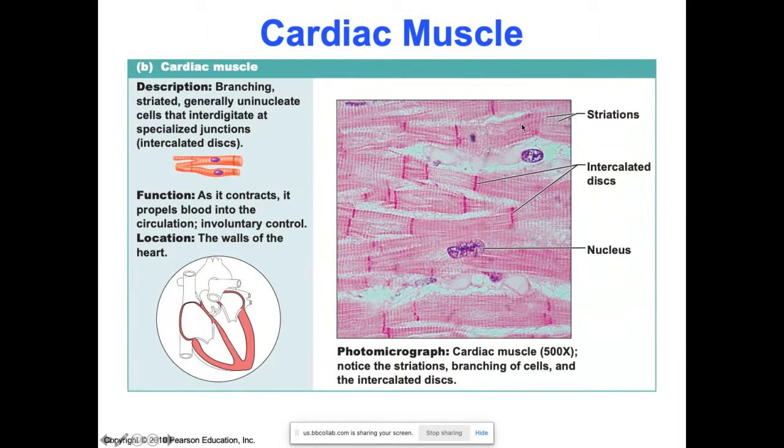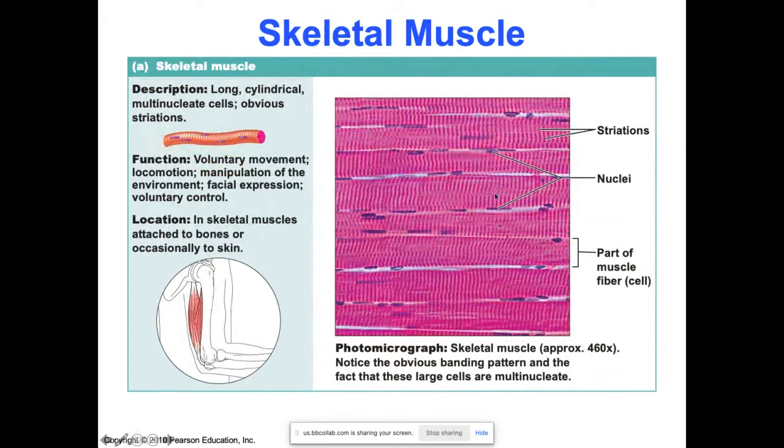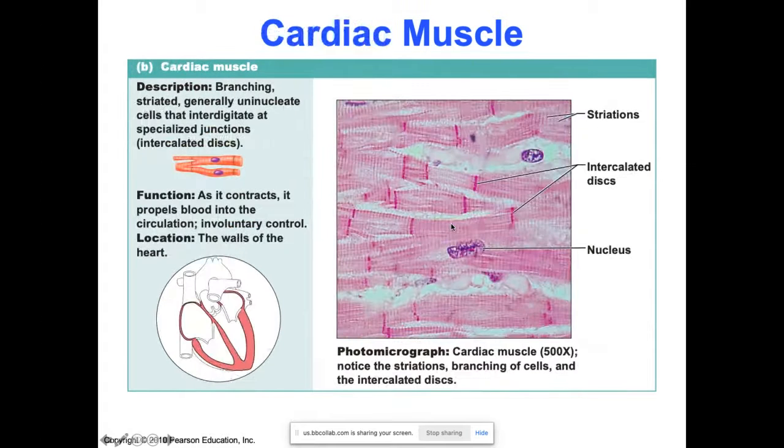This also has striations, light and dark bands. But look at the difference between skeletal and cardiac. When you look at cardiac, it's very branched. It's highly branched, so there are lots of branches. It splits off. And the other thing that we see are these intercalated discs.